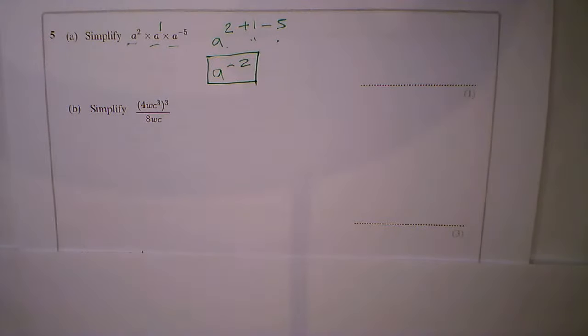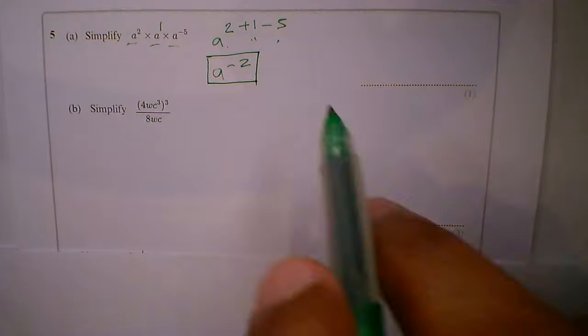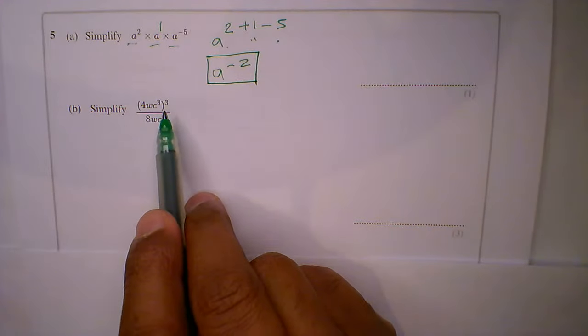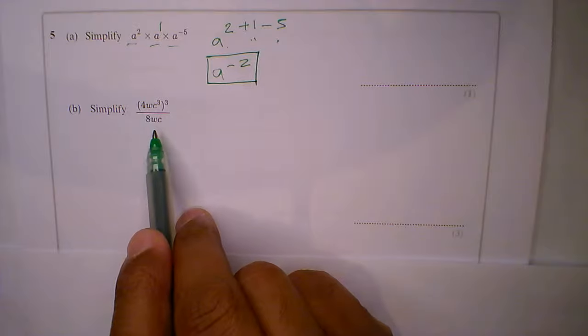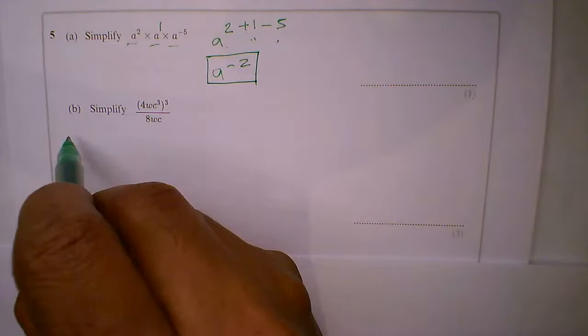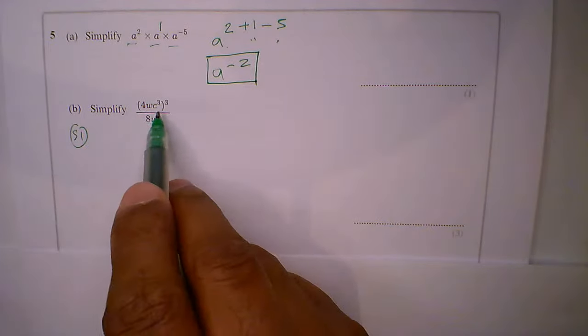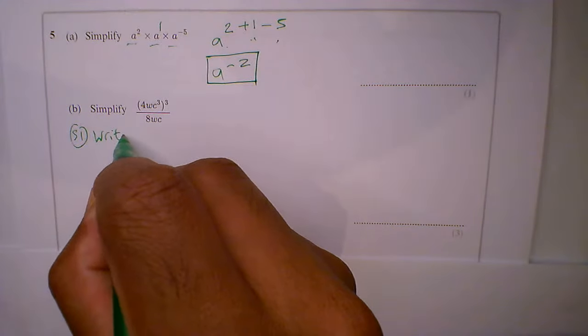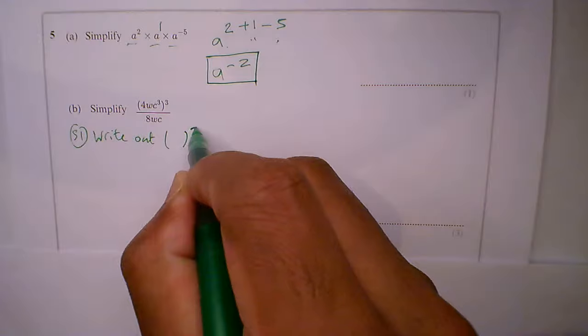Let's look at question 5b. Simplify (4wc cubed) to the power 3, all over 8wc. So step 1, I'm going to write this out. Write out the power of cubed.